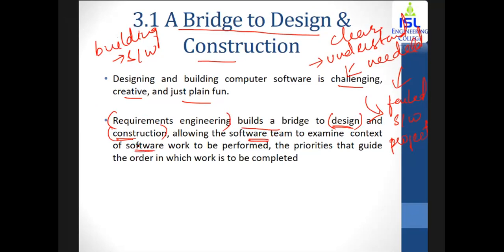That is, what are the different features and functions they want, and what specific functionality is going to be identified. What are the priorities within the software? What needs to be your priority while developing the software? It also tells you the order in which the work is to be completed, that is, which tasks are completed first and which can be completed later. So requirement engineering acts as a bridge to design and construction.